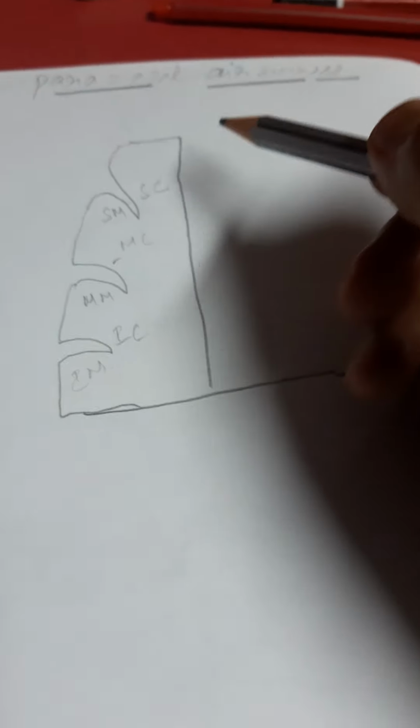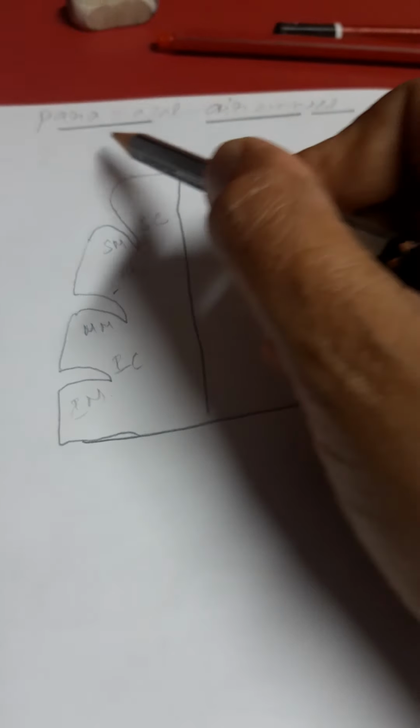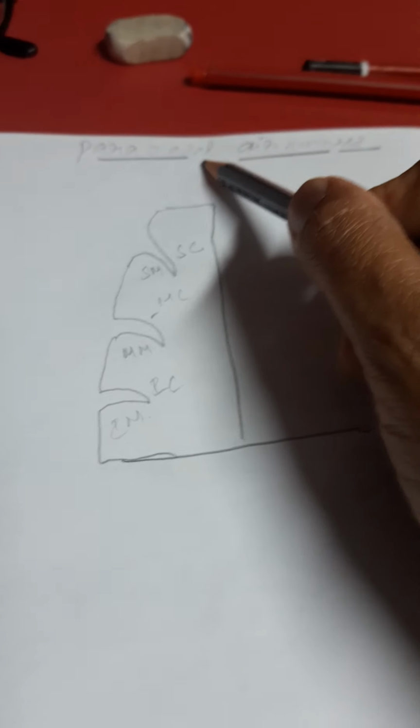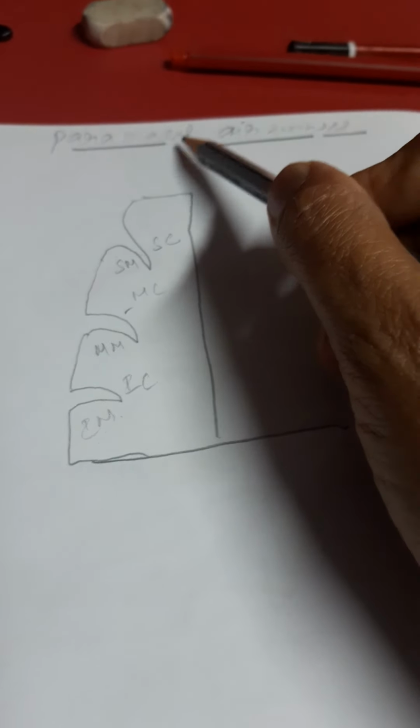Now let us see what these paranasal air sinuses are, which are opening into these meatuses. Para means adjacent, nasal means nose. You will see the air-filled cavities. Sinuses means cavities. Because these are filled with air, these are otherwise called paranasal air sinuses.